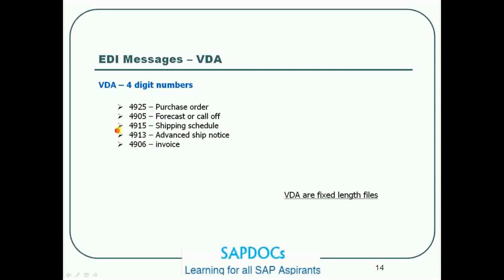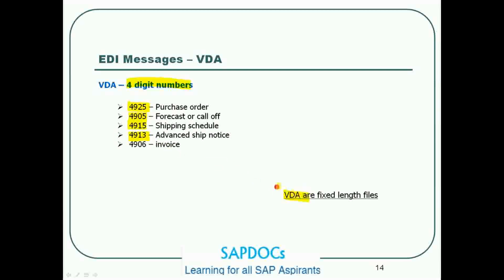Coming back to VDA, unlike X12 and EDIFACT, VDA uses 4-digit numbers. It's similar to X12, and you can see 4925 is a PO, 4905 is a forecast, 4905 is the shipping schedule, 4913 is the advance ship notice, and 4906 is the invoice.